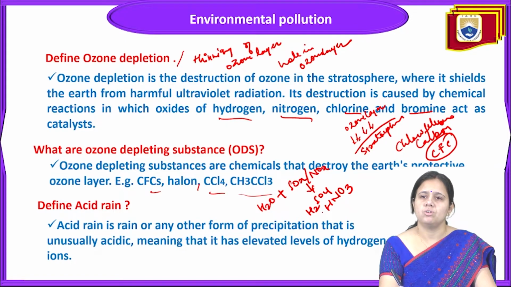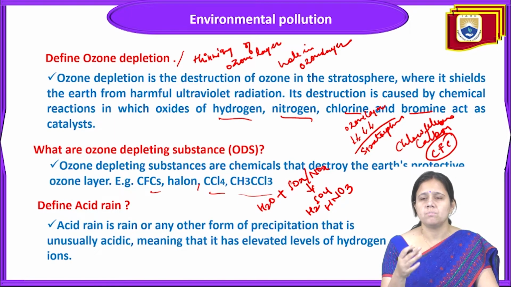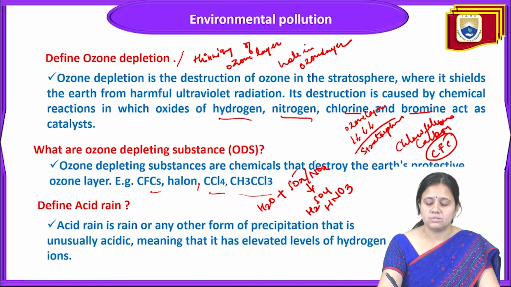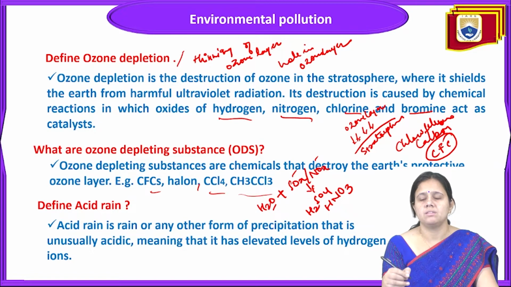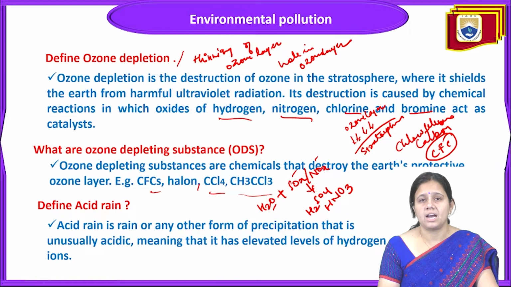SOx and NOx originate due to vehicular pollution, automobile pollution, or some industrial activity. These two primary pollutants react with H2O, and two types of secondary pollutants are formed: H2SO4 and HNO3. Rainwater containing a high concentration of H2SO4 or HNO3 is called acid rain.